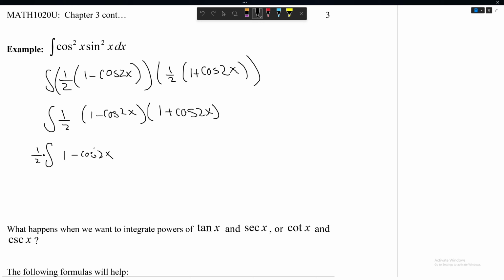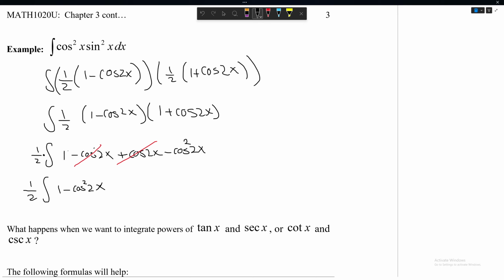Then I'll have 1 times plus cos 2x, meaning these two cancel out. And then I'll get negative cos 2x squared. And what this simplifies to really is 1/2, 1 minus cos squared 2x.